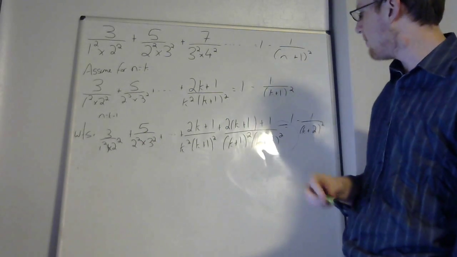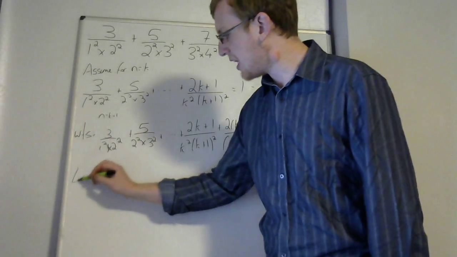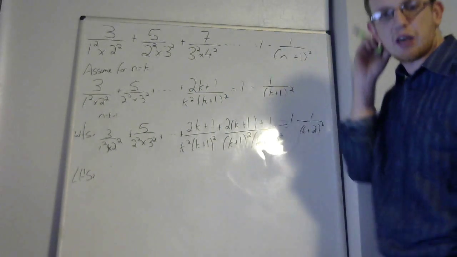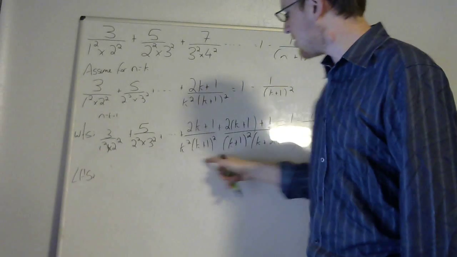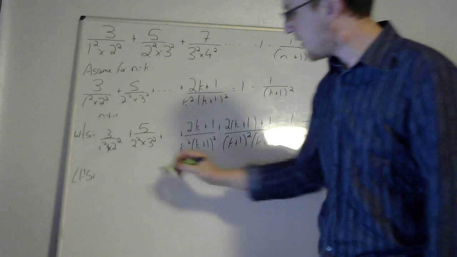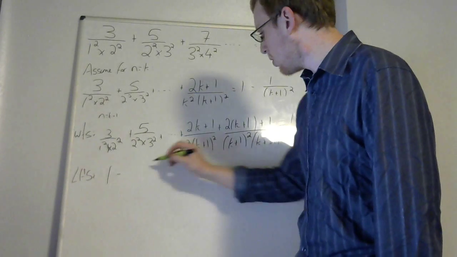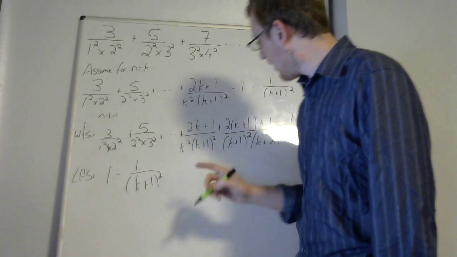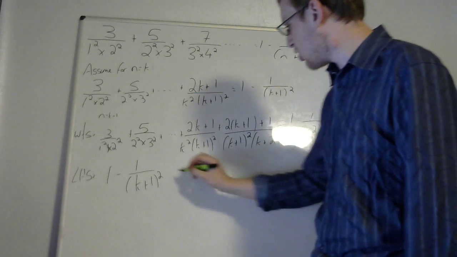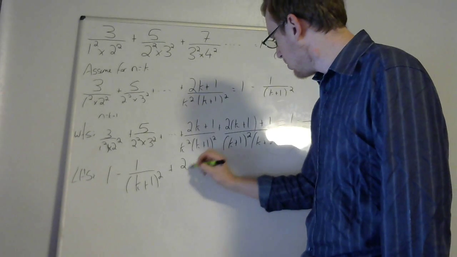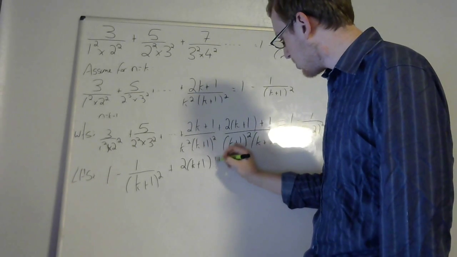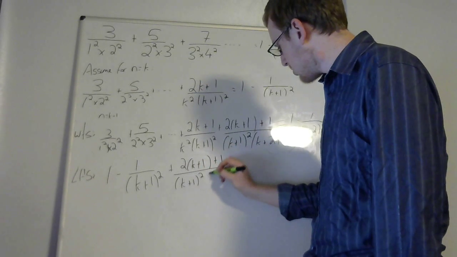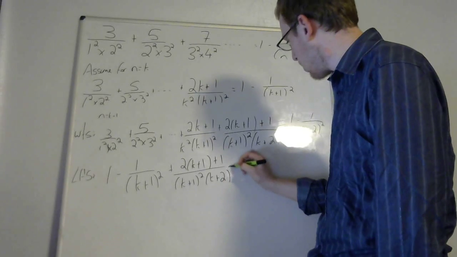So thinking about the left-hand side, trying to get it to equal 1 minus 1 over (k plus 2) squared, the left-hand side up to the second to last term is 1 minus 1 over (k plus 1) squared, and I've got to add on the very last term, plus 2 lots of (k plus 1) plus 1 over (k plus 1) squared times (k plus 2) squared.